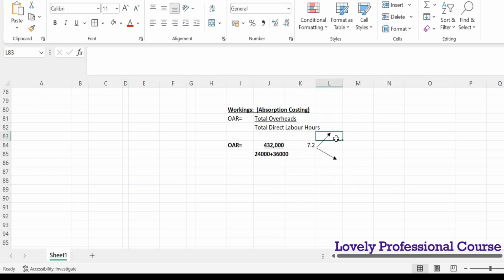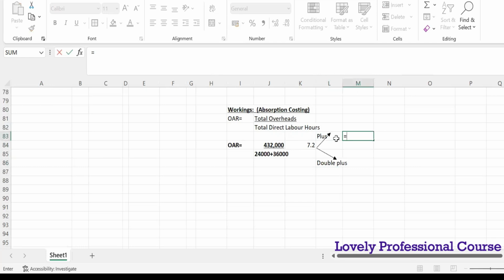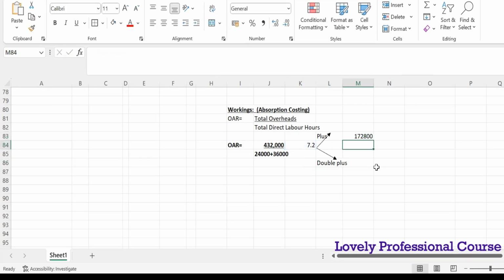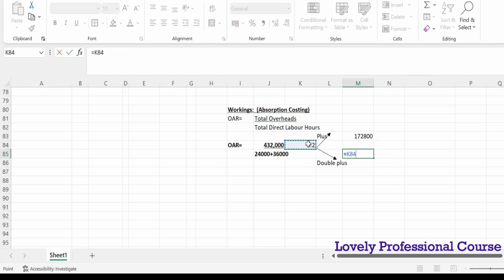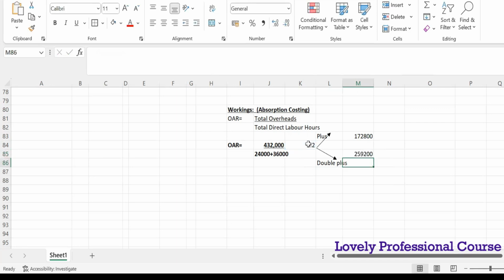Say here, this is 4 plus, and here you see double plus. So here 4 plus, I'm going to take this 7.2, then I multiply by 24,000. Is it okay? So I get this. Here, I'm going also to take this 7.2, so I multiply by this 36,000. Is it okay? So I get this.